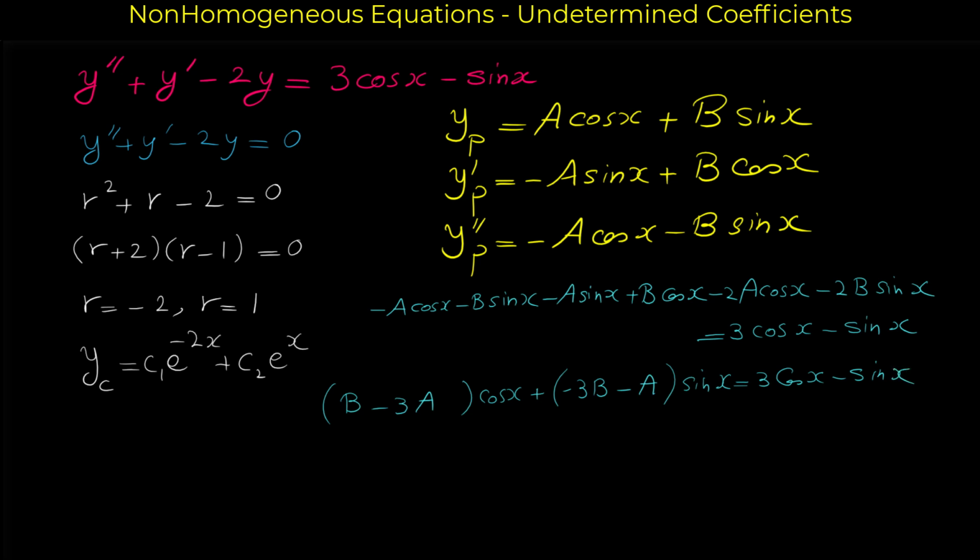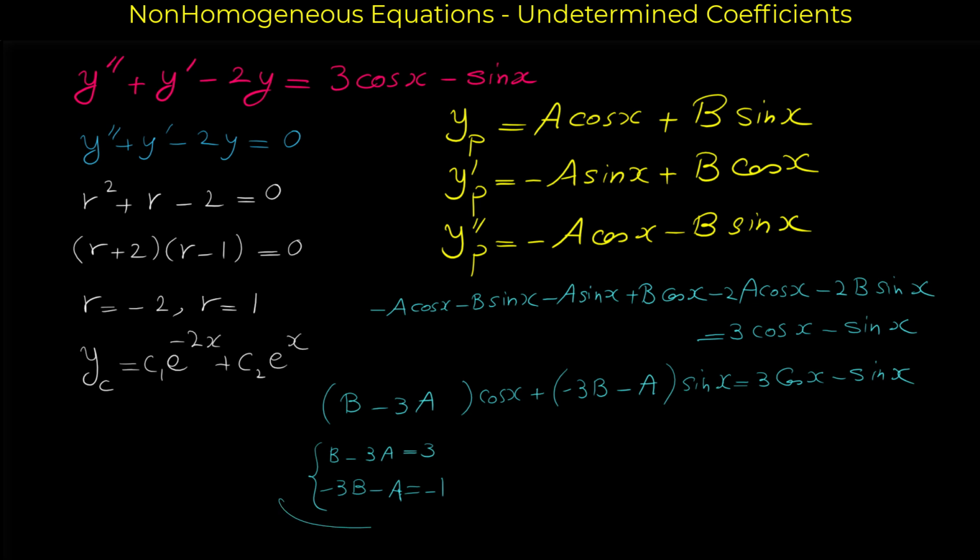Now again, as in the first example, we have to equate coefficients. Coefficient of cosine x here must be equal to coefficient of cosine x here. So we have b minus 3a equals 3, and negative 3b minus a equals negative 1.